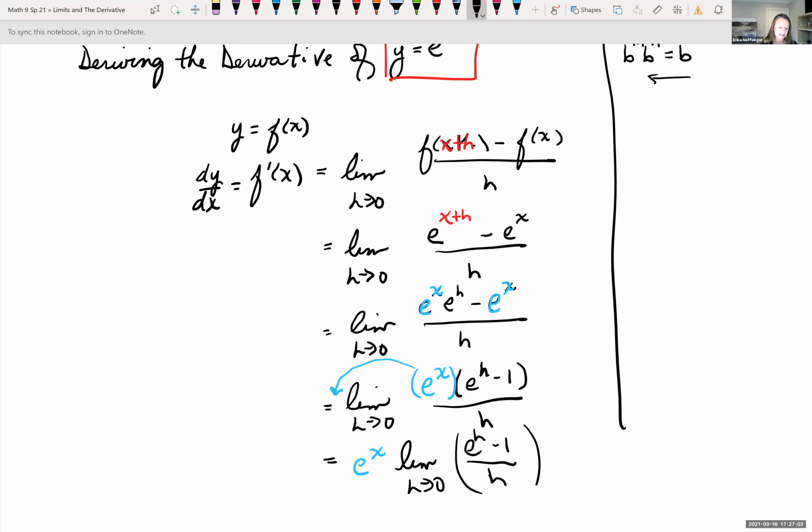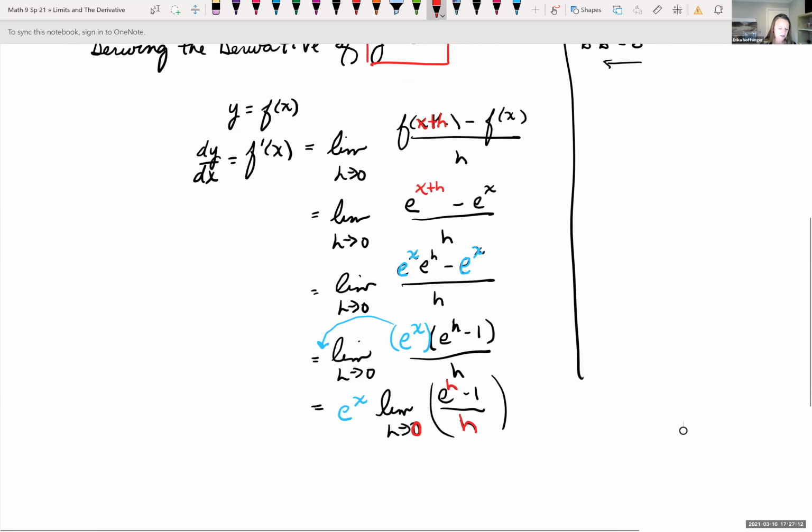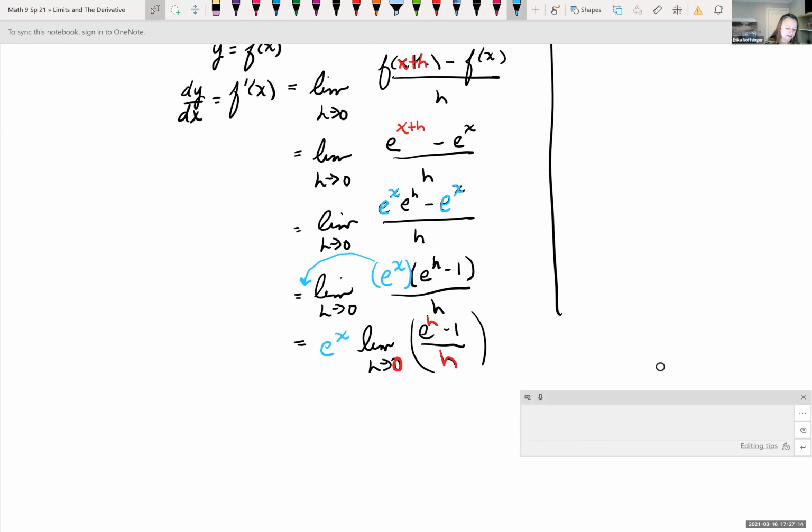The problem is if we do direct substitution now, and we plug in 0 wherever we see an h, we would get e to the x all times e raised to the 0 power minus 1 all over 0.